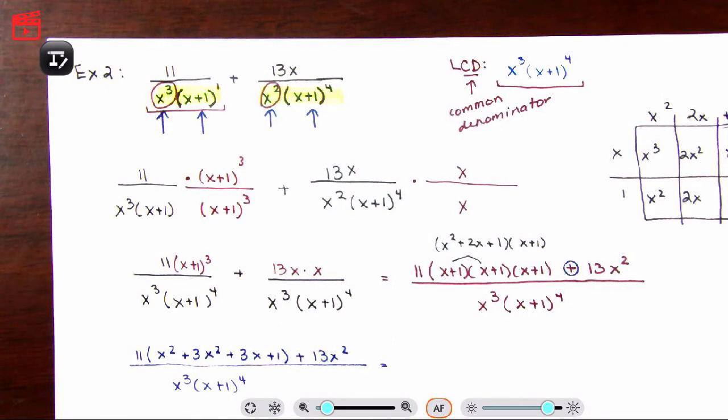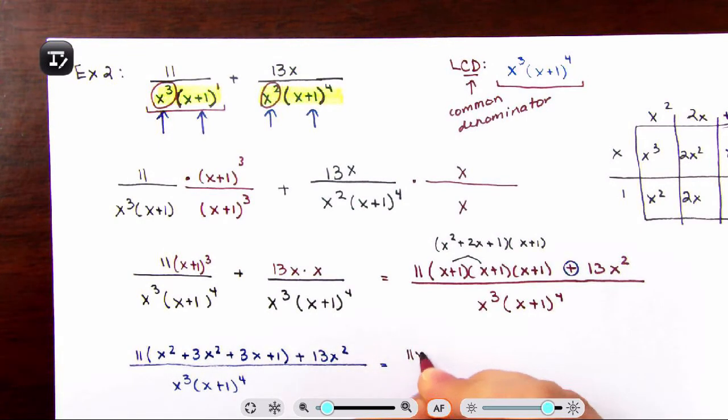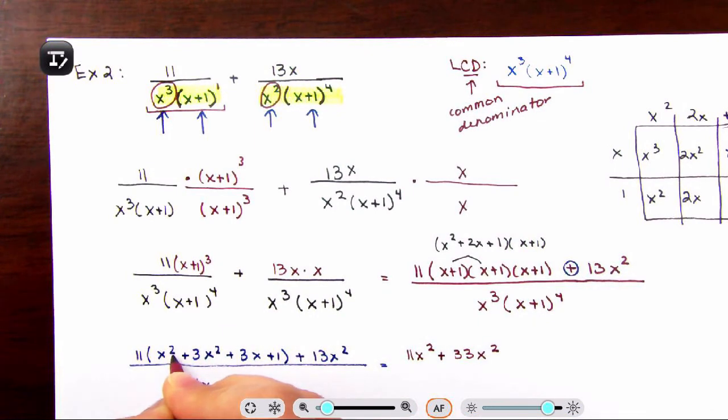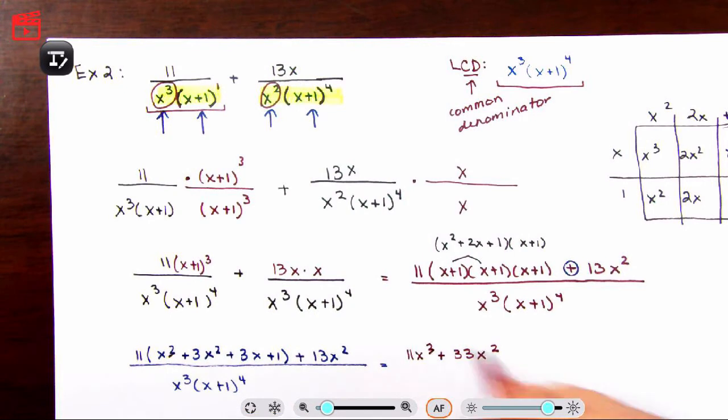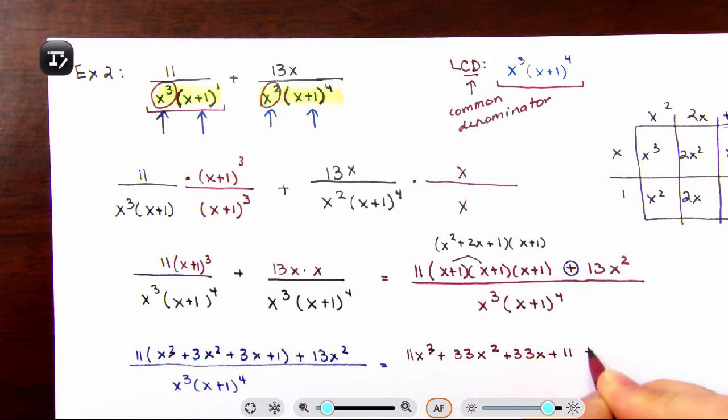So what do we have? We have 11x squared plus 33x. Oh, this should be a cubed, you guys. Let's change that to a cubed. 33x squared plus 33x plus 11 plus 13x squared.